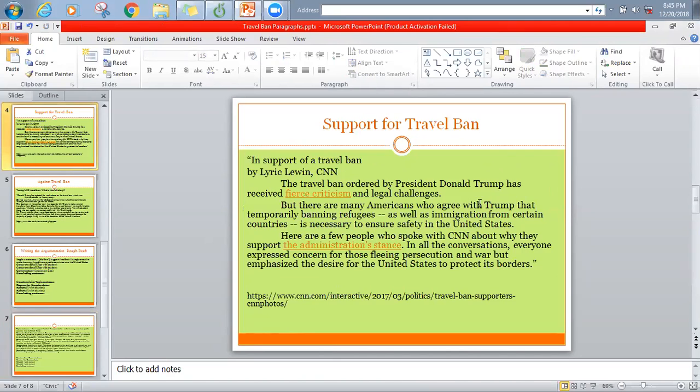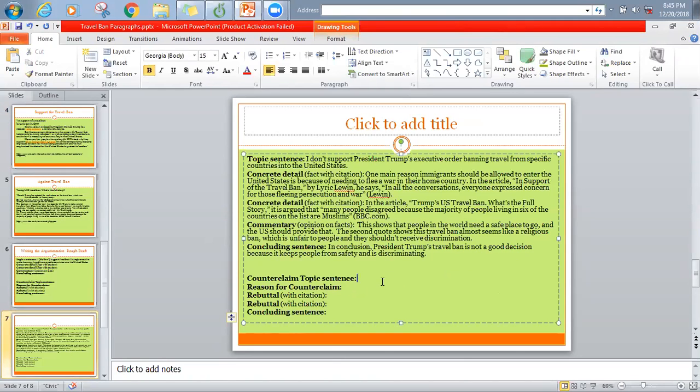So there were a couple points here, and the two that Lulu had pointed out was this line where it is necessary to ensure safety in the United States, and also the desire for the United States to protect its borders. So what we need is some kind of topic sentence that is going to capture those main ideas, because those are going to be what we're talking about in this.